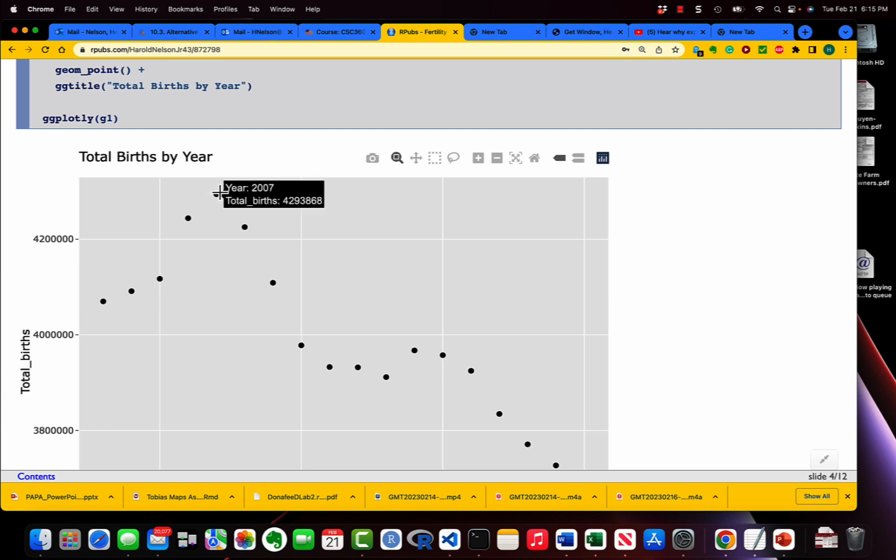This is the peak year. We had the most births in 2007. And then probably as a result of the Great Recession in 2008, things dropped off. And then they were recovering 2012, 2013. Well, they weren't really recovering in 2013, but they recovered in 2014, just a little bit.